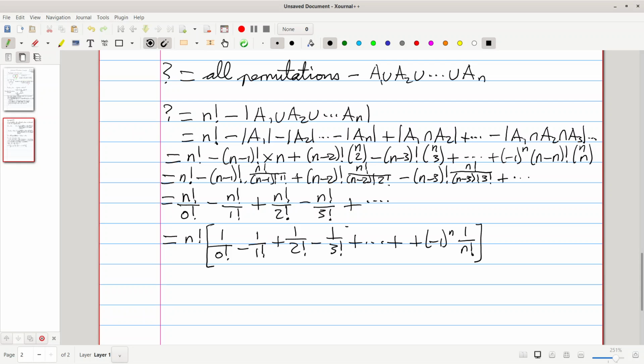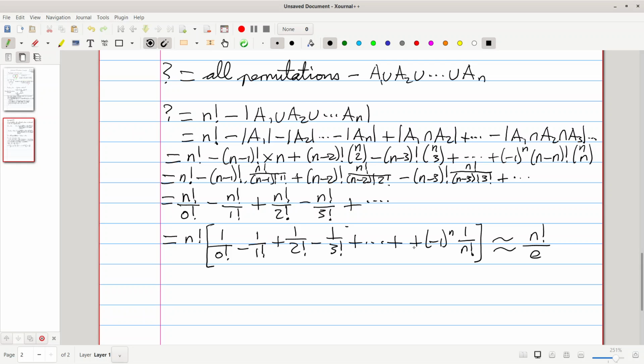And that is the formula for the number of derangements. For those of you who know about this magic number e, this is very close to n factorial over e. Cool. And there we are, that's the number of derangements.